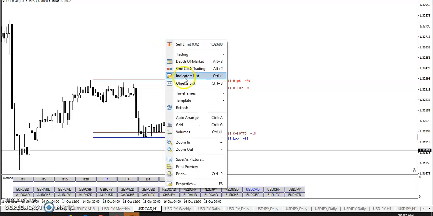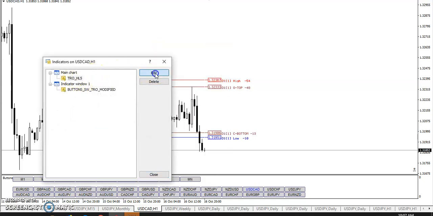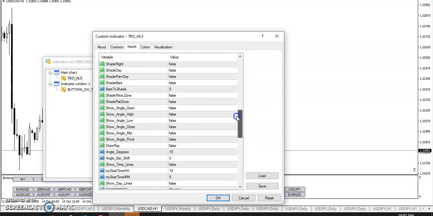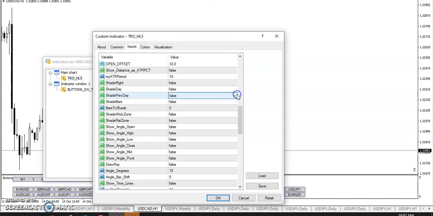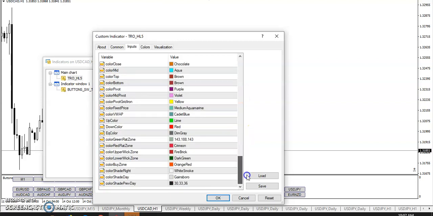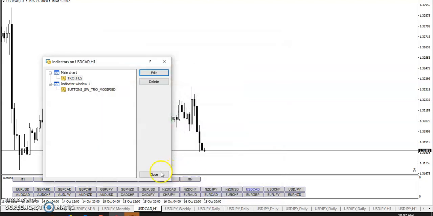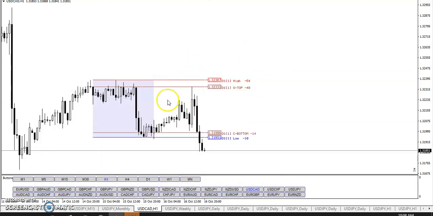Actually, if I'm going to do that, I should probably shade the previous day. We're going to change the true previous day shade. Let's just make that something light here on the screen. So you can see here, it opened, went up, and then came down. Just like I said, it's just kind of obvious.